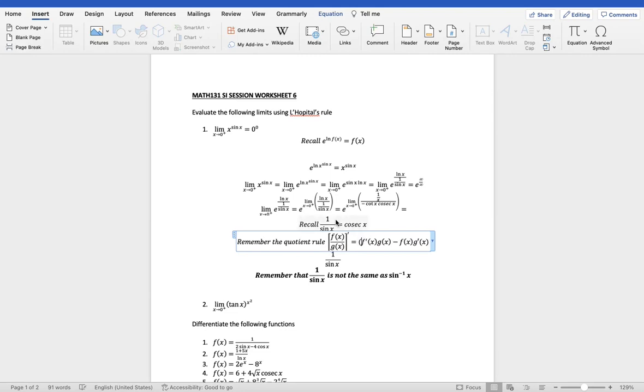Because the tricky thing with memorizing identities is that if you forget what you memorized, how can you find them? And then you divide all of this by g of x squared.